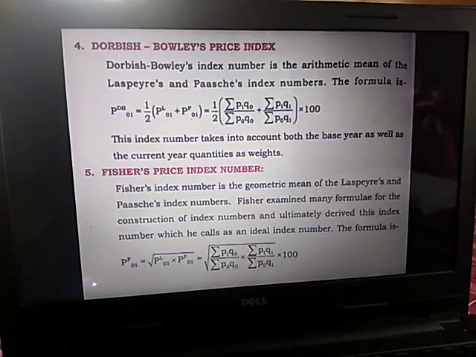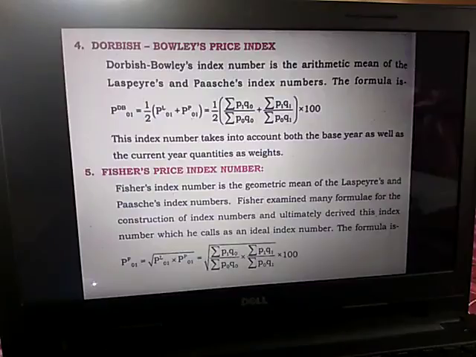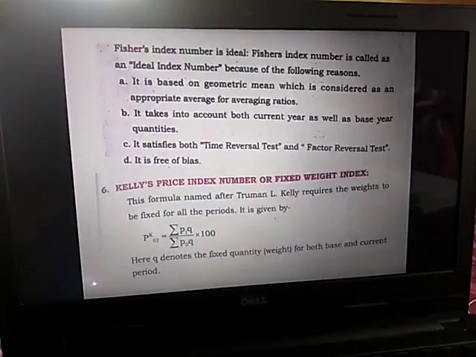Substituting the Laspeyres and Paasche index numbers, it is the square root of summation P1 Q0 divided by summation P0 Q0, into summation P1 Q1 divided by summation P0 Q1, into 100. This is Fisher's price index number.